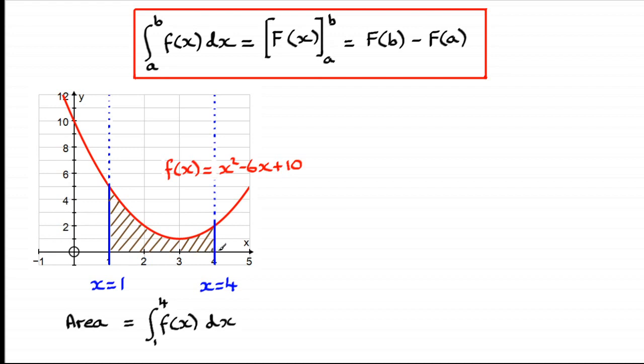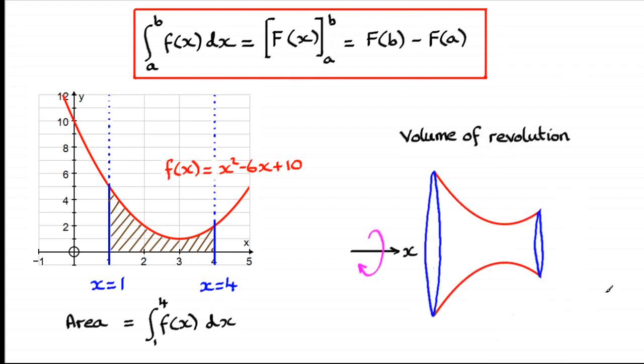Another application, which I'm not going to cover in this live stream as it's a bit further on, is that we can take this shaded area and rotate it about the x-axis through 360 degrees, and it would generate a solid. We call it a volume of revolution, and we can use definite integration to work out volumes like this.